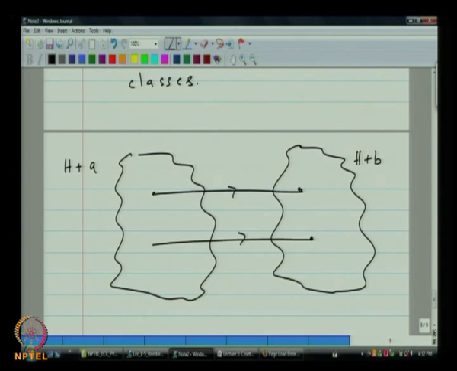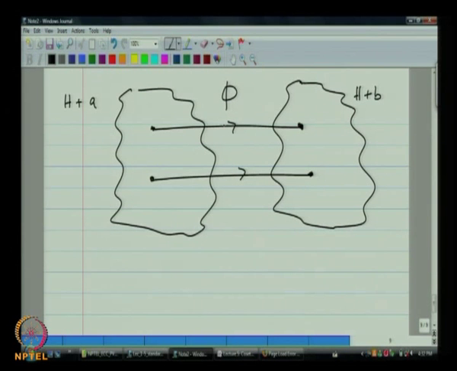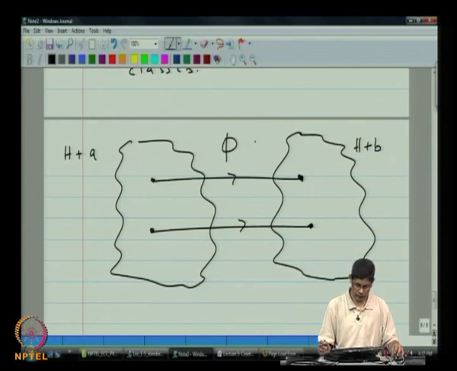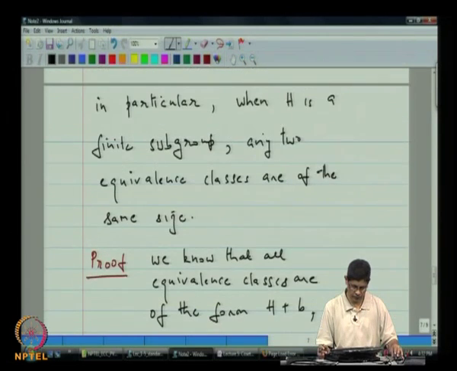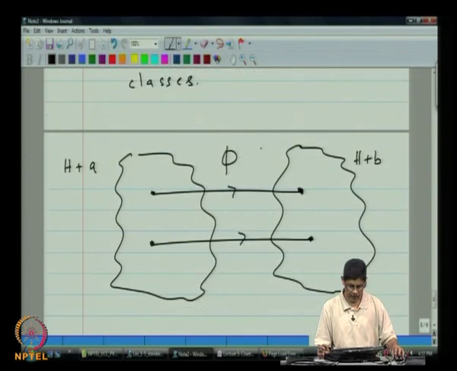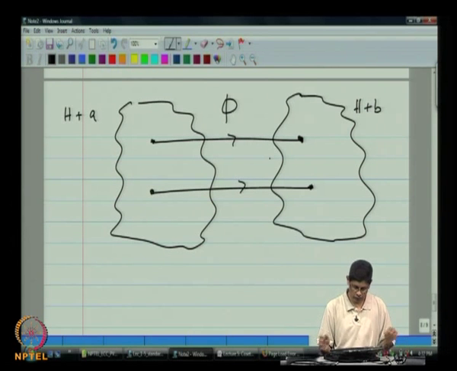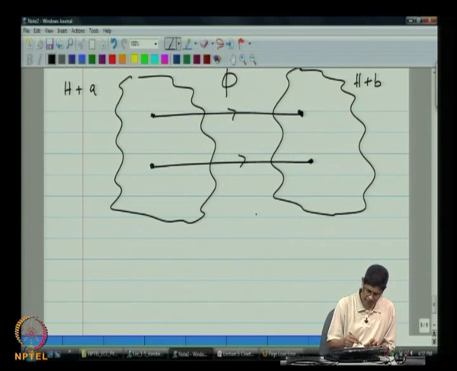So, there is this very nice and simple picture in this situation. So, let us call this mapping phi. There is a mapping phi which is both one-to-one and onto. Okay. So, to actually prove this, we just have to show that there is a mapping which is one-to-one and onto. So, what is that mapping?